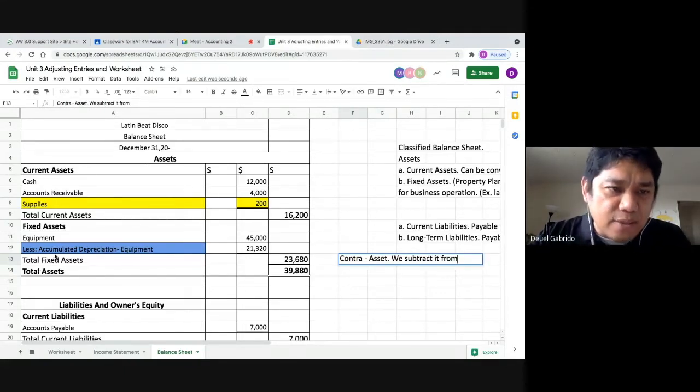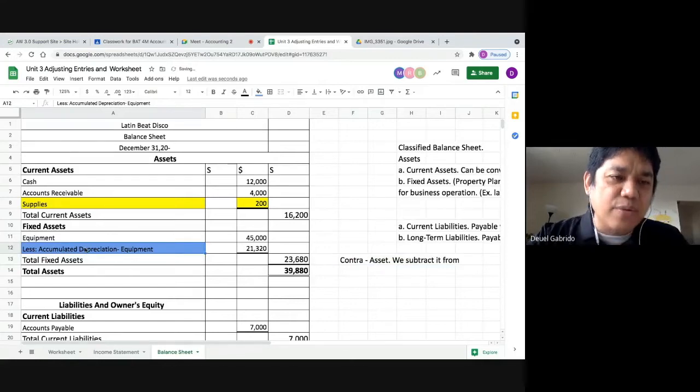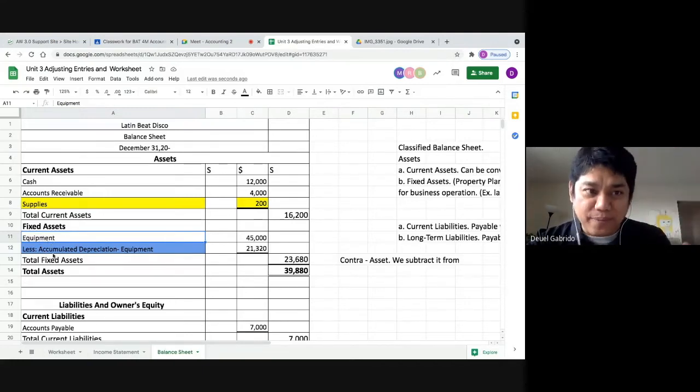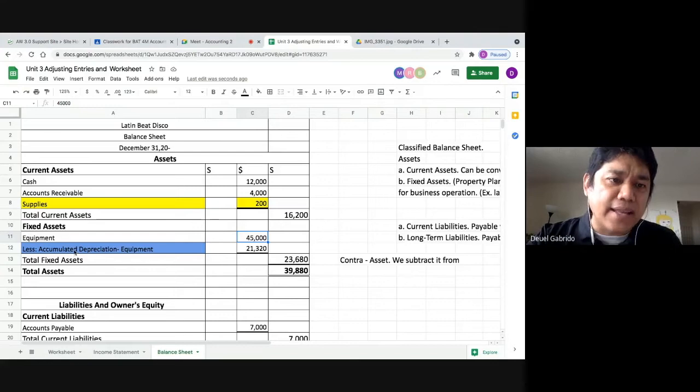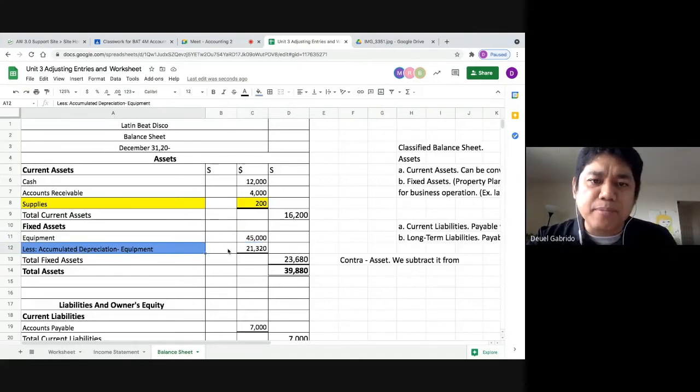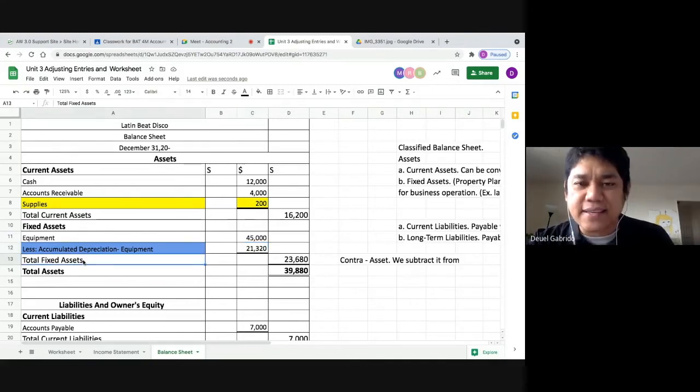Look at what we did to the accumulated depreciation: we subtract it from the equipment. Do you see that? So equipment and accumulated depreciation must always be together. When I write down the word equipment, I put it in the middle, and then less accumulated depreciation, put it here, close to that. When we subtract 21,320 from 45,000, the difference is 23,680. That's your total fixed assets.